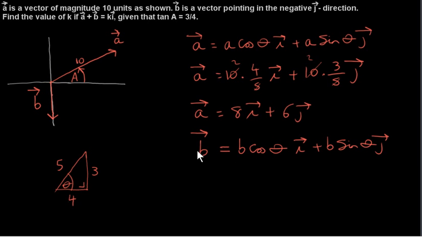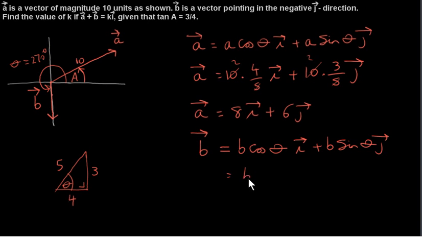Of course, we could get vector b by referring to the general form of any vector, as we covered in detail in a previous video, just like we did for vector a as well here. We don't know the magnitude b, but we know what theta is. Theta is measured anti-clockwise from the positive x-axis. So theta here is going to be 270 degrees.